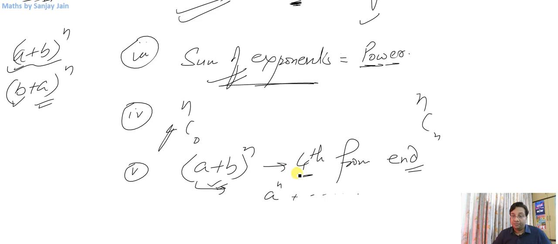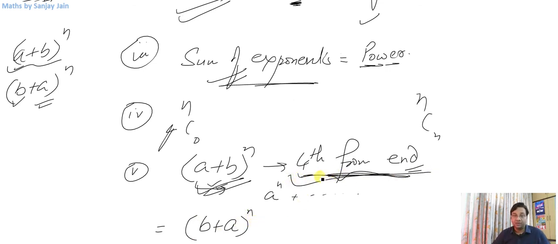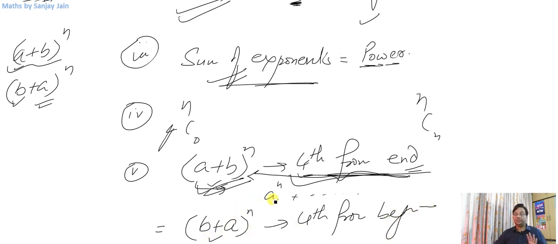So when I am supposed to find the fourth term from the end of a plus b raised to power n, will it not be equal to the fourth term from the beginning of b plus a raised to power n? Yes, it will be equal. So the fourth term from the end of a plus b raised to power n will be equal to the fourth term from the beginning of b plus a raised to power n. These are the things that we noticed.